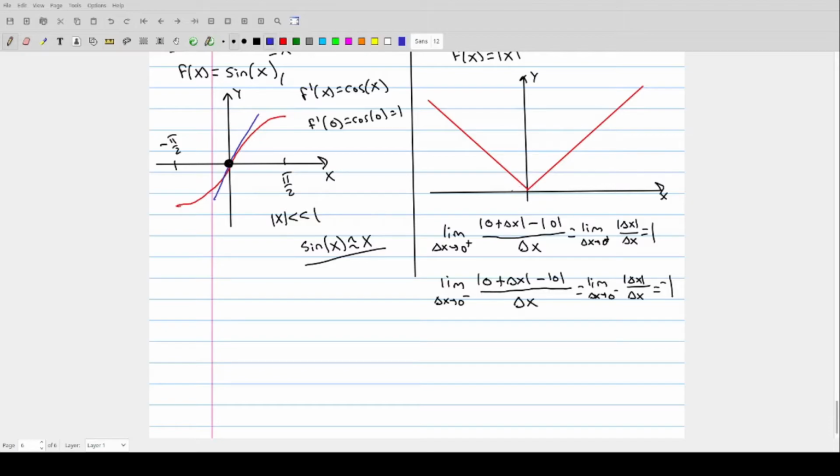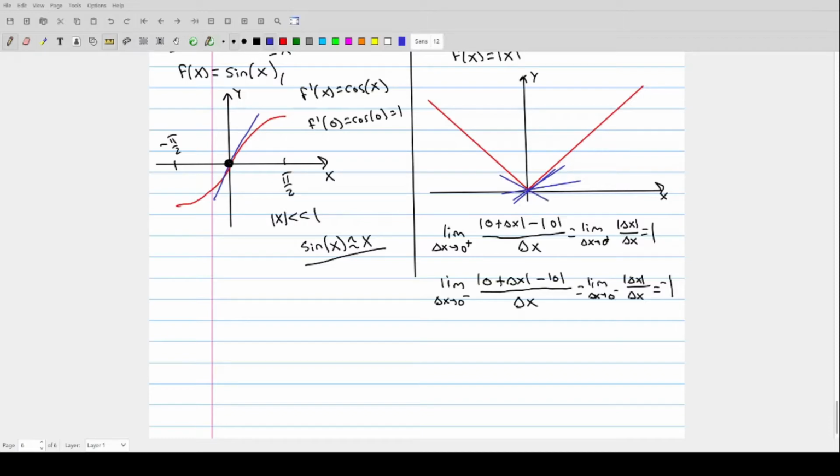And what that means is that there's no nice tangent approximation of this function. For any tangent line you try to draw here, or any linearization you try to draw here, the better you approximate the right-hand side with your linearization, the worse the approximation is going to get on the left-hand side, and vice versa.